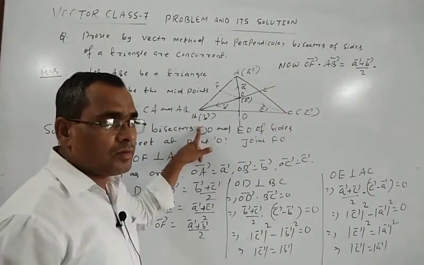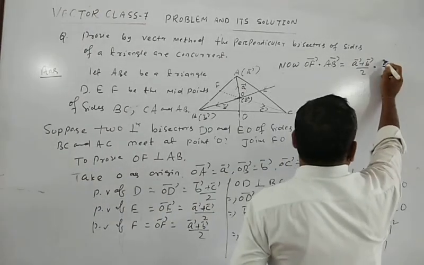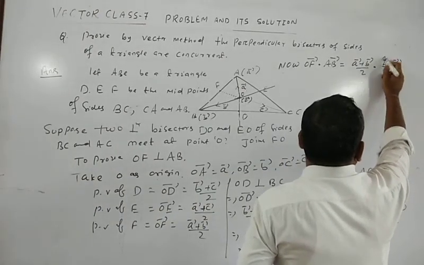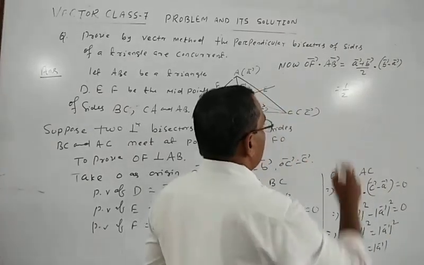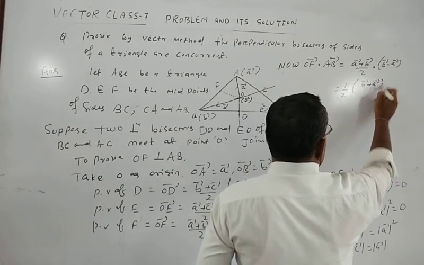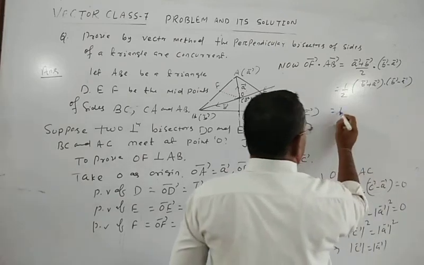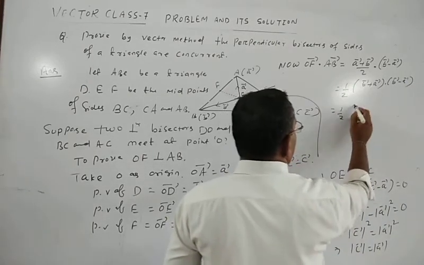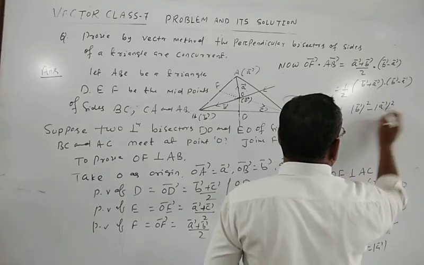The AB vector is B vector minus A vector. So this is equal to half into (B vector plus A vector) dot (B vector minus A vector). So this is equal to half into (the magnitude squared of B vector minus the magnitude squared of A vector).